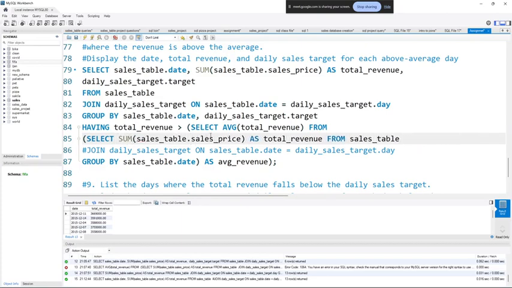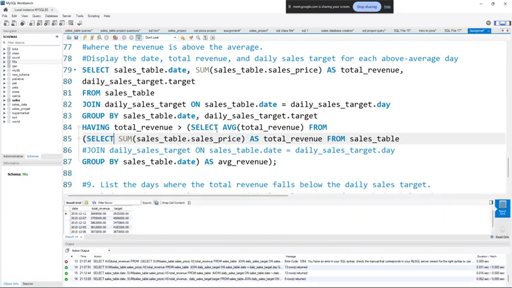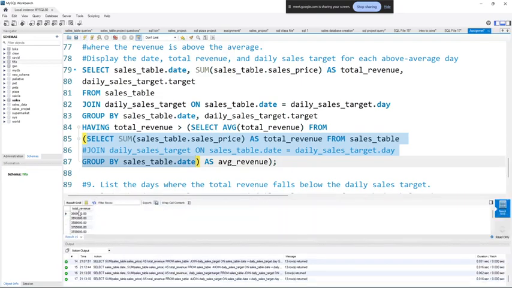Let me remove it. Since I've removed it and I run it, instead of bringing out the date and the total revenue, it will only bring out the revenue. And don't forget, this revenue is the daily revenue that we generated.